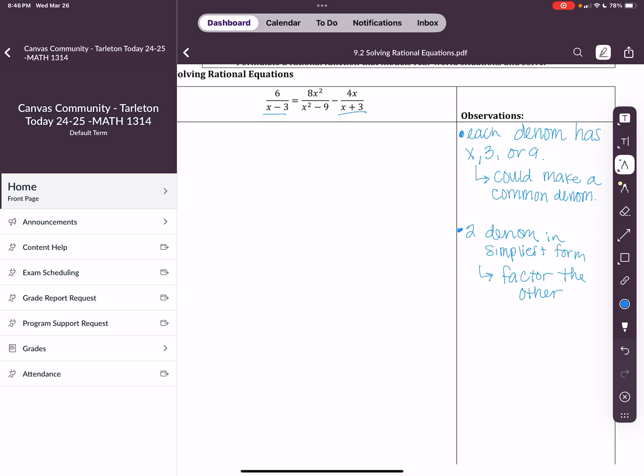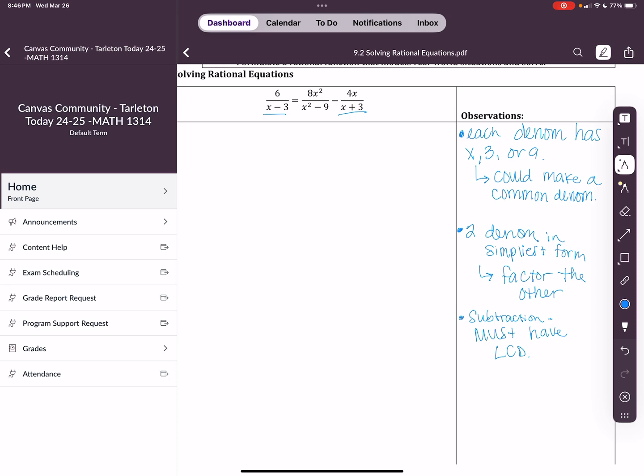The other thing is that because there's subtraction, that means we must have an LCD.